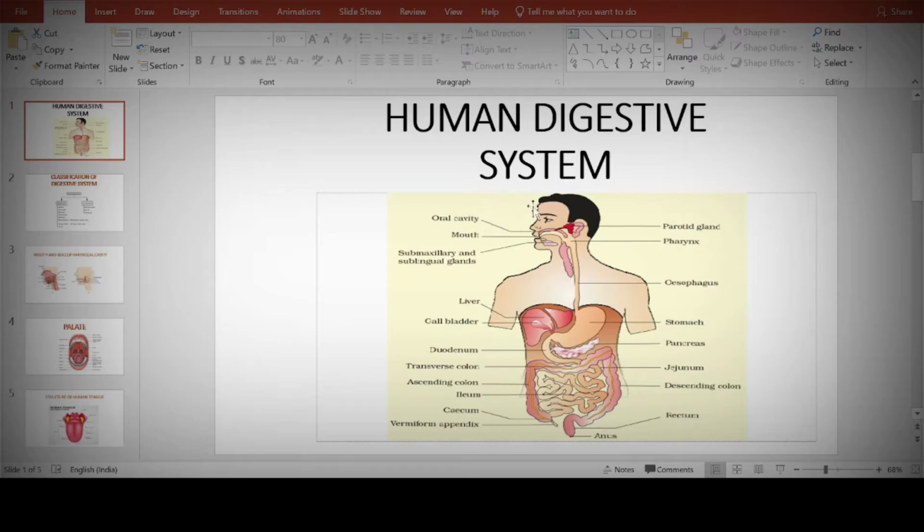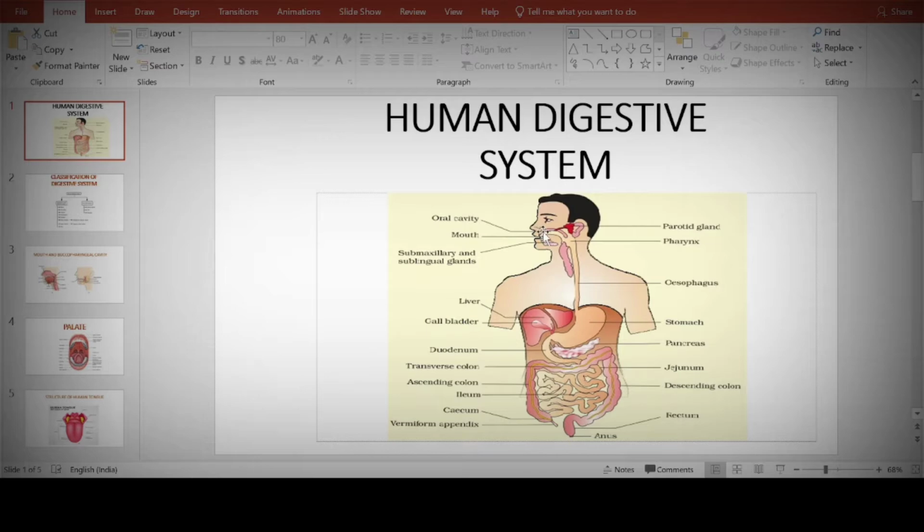Here you can see the human digestive system. It basically starts with the oral cavity, as you can see with my cursor, and you can see glands situated adjacent to it. This is the parotid, and there are the submaxillary and sublingual glands.